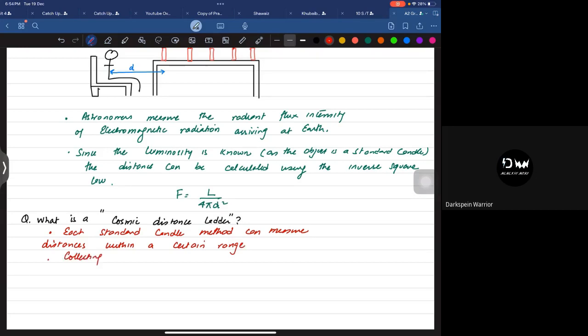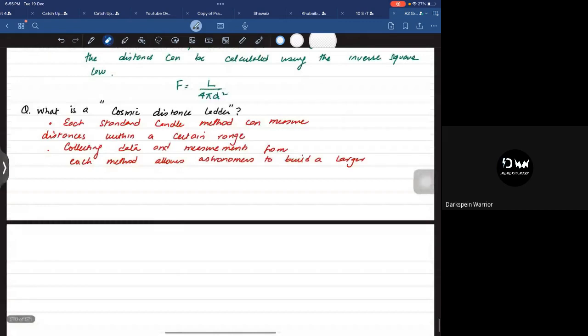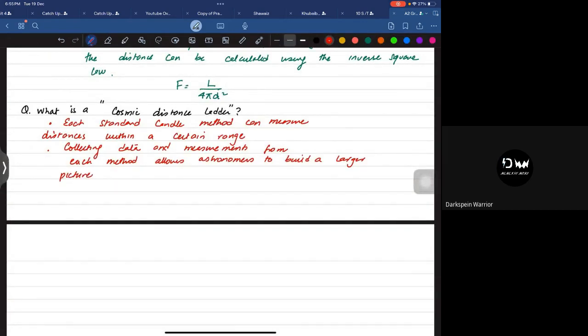Now, collecting data and measurements from each method allows astronomers to build a larger picture of the scale of the universe.